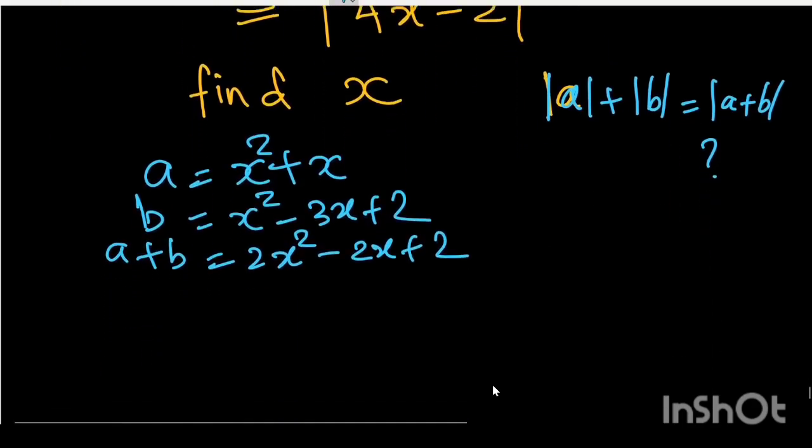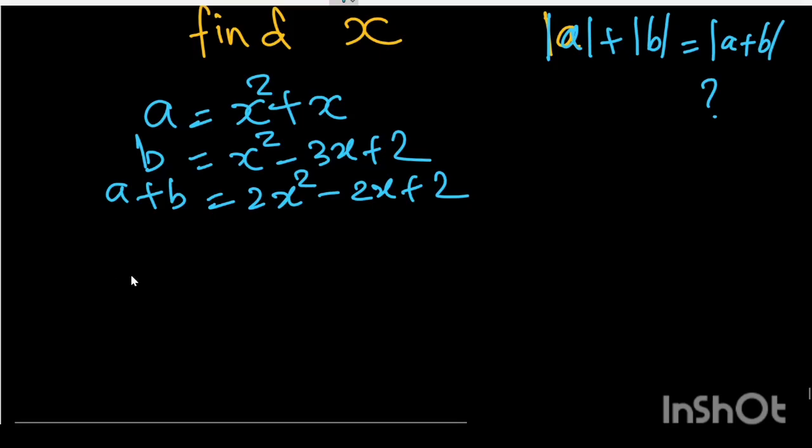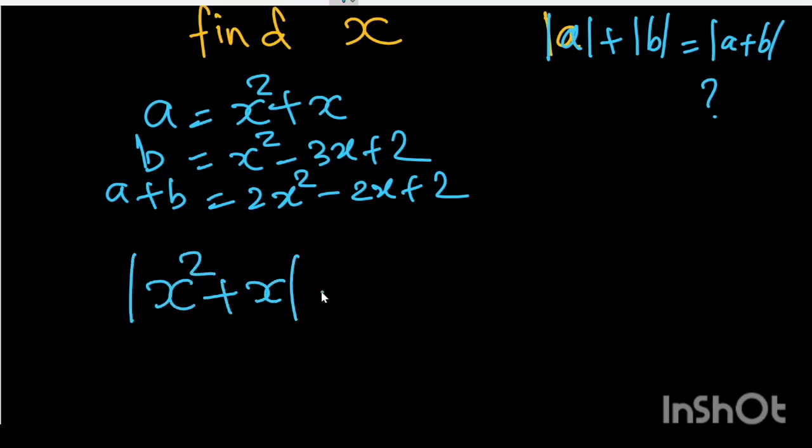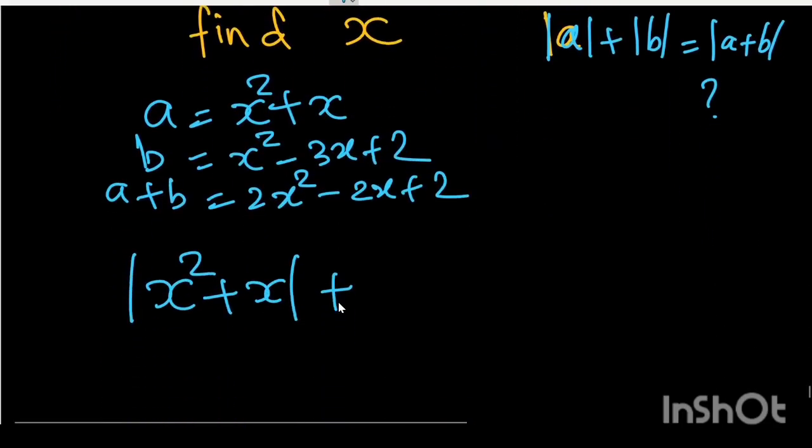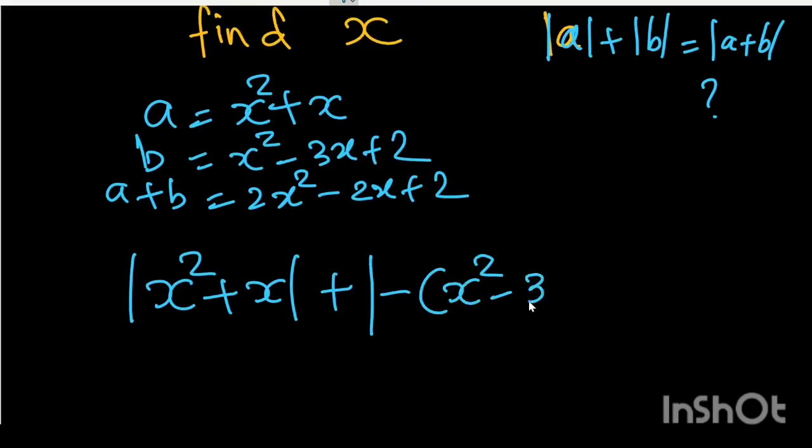So you can do a little simple manipulation. Mod x square plus x stays the same, and mod x square minus 3x plus 2 you can write as mod of minus times x square minus 3x plus 2, because we know that mod of f(x) is mod of minus f(x).